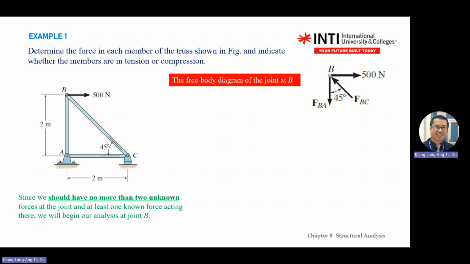Okay. So the sum of all forces equals 0. So what is FBC? The sum of forces in X equals 0, and moving to the right is positive. Remember to draw this in your answer. So 500 Newton minus FBC sine or cos?